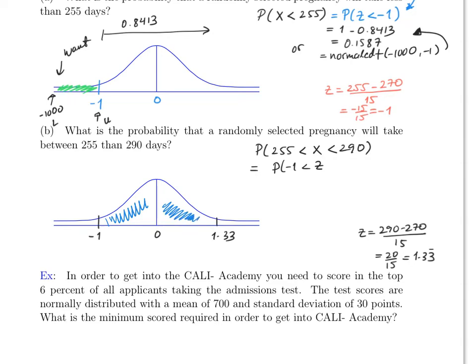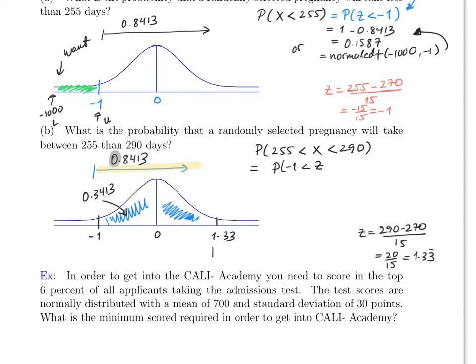We did the -1 already, and we found that the yellow area, which will be the area from here to here, remember, was 0.8413. Therefore, this is equal to 0.3413. Remember, to find this value, all you have to do is subtract 0.5 from this. So 84 minus 50 gives you 34.